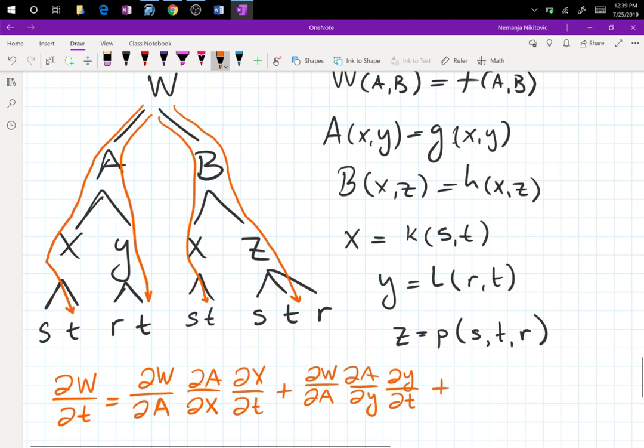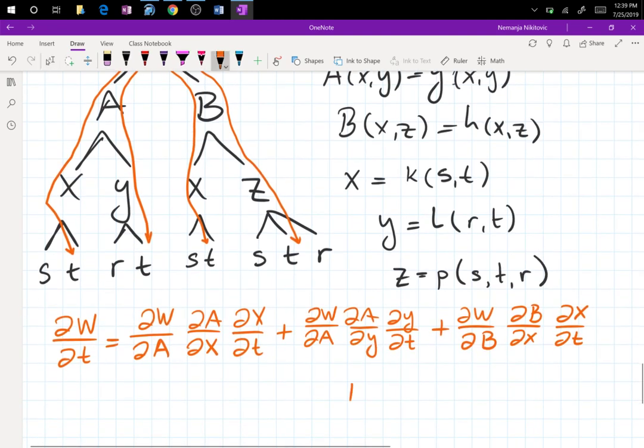Plus, next branch, branch number 3. Partial W, partial B now. Then partial B, partial X, and finally partial X, partial T. We have one more term: partial W, partial B, partial B, partial Z, partial Z, partial T. There they are, 4 terms for 4 branches.